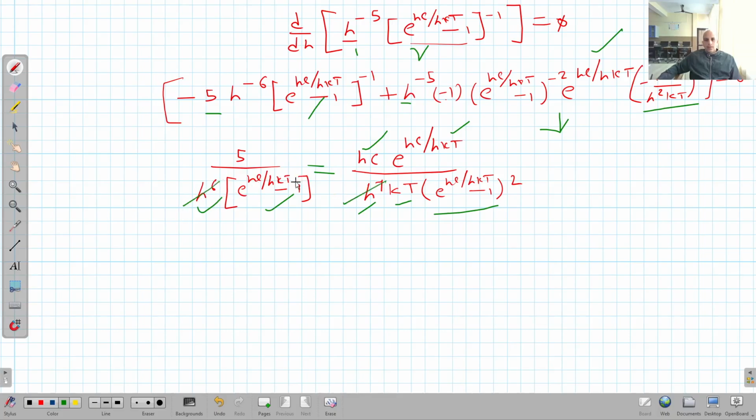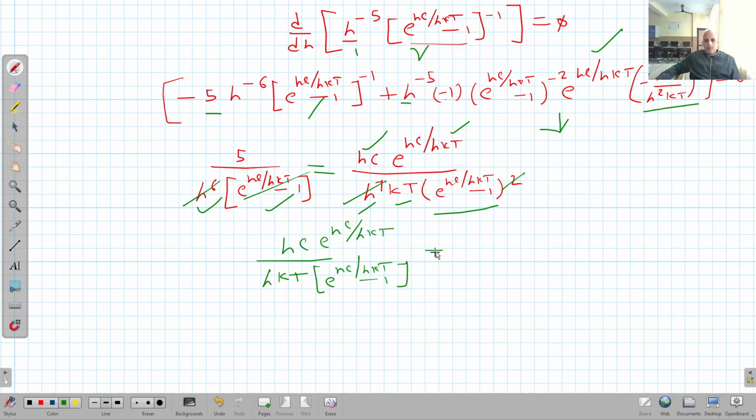This is e raised to power hc upon lambda kt. So you are left with hc upon lambda kt into e raised to power hc upon lambda kt minus 1, into e raised to power hc upon lambda kt.